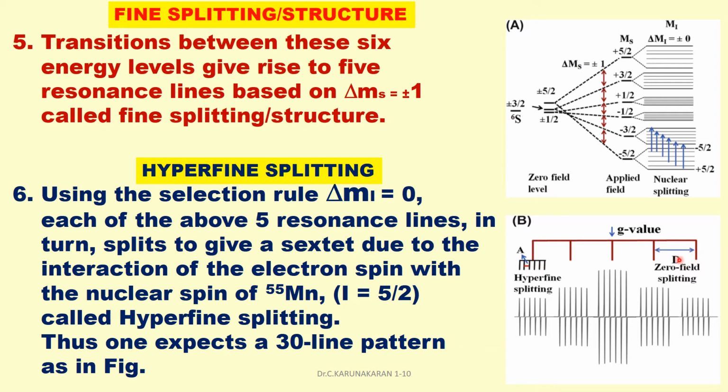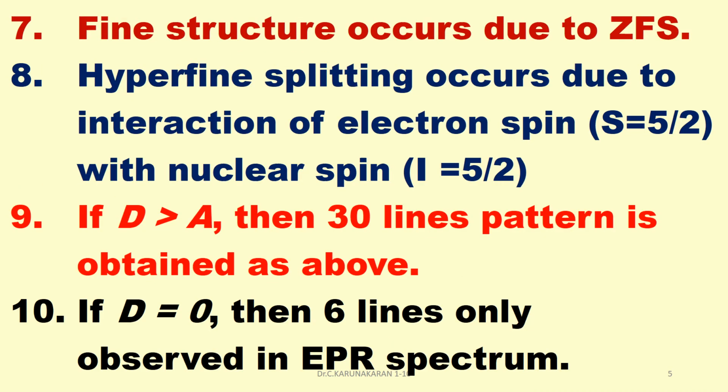Suppose D equal to 0, then only 6 lines are observed. We will see further. So overall, the fine structure or fine splitting occurs mainly due to zero field splitting.